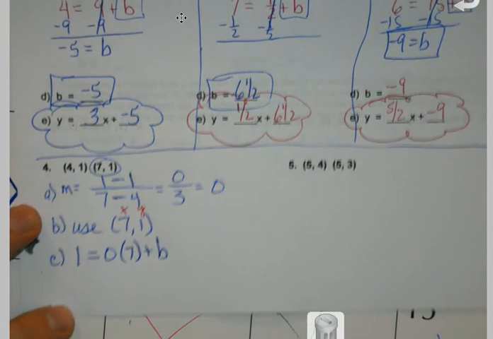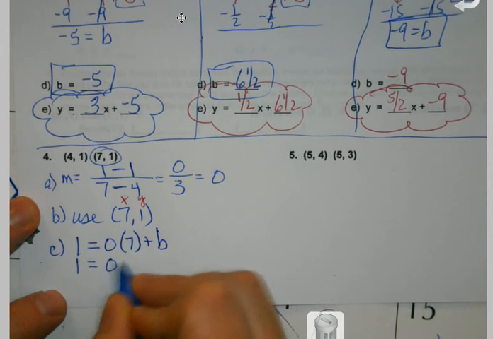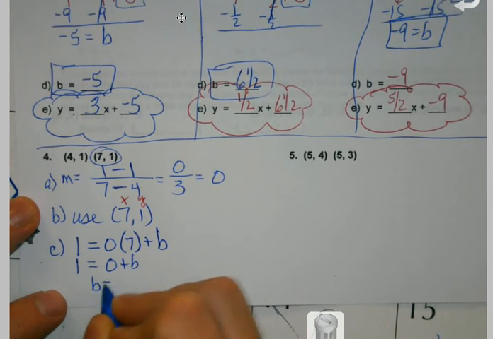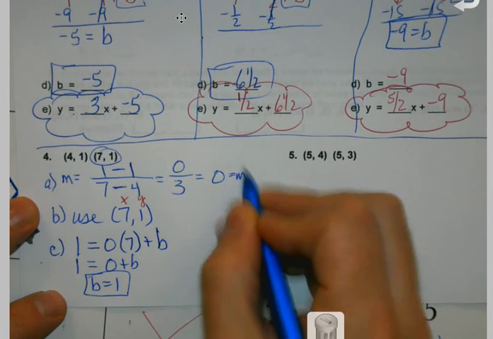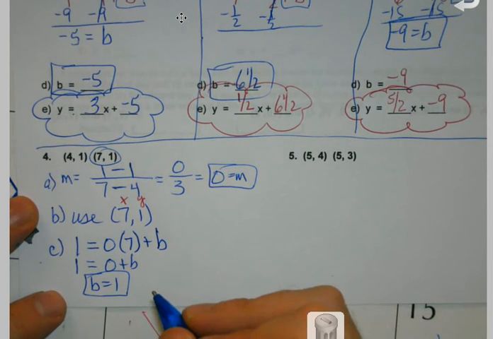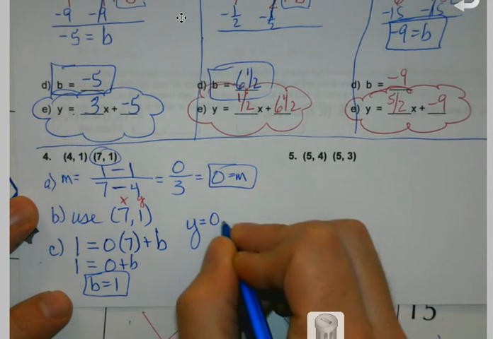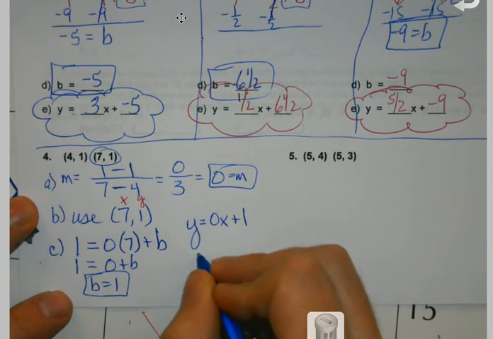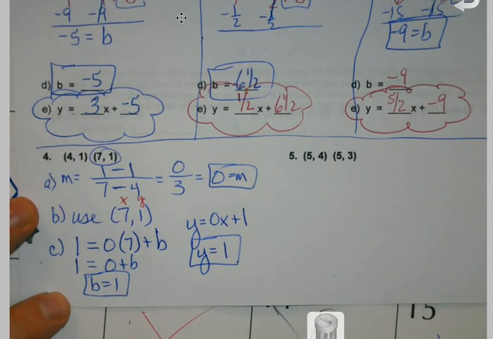What's 0 times anything going to equal? Yeah, 0. So my b equals 1. Okay. I know what my m is. So my equation then, y equals mx plus b, or, since 0x is like having none, it would just be y equals 1.